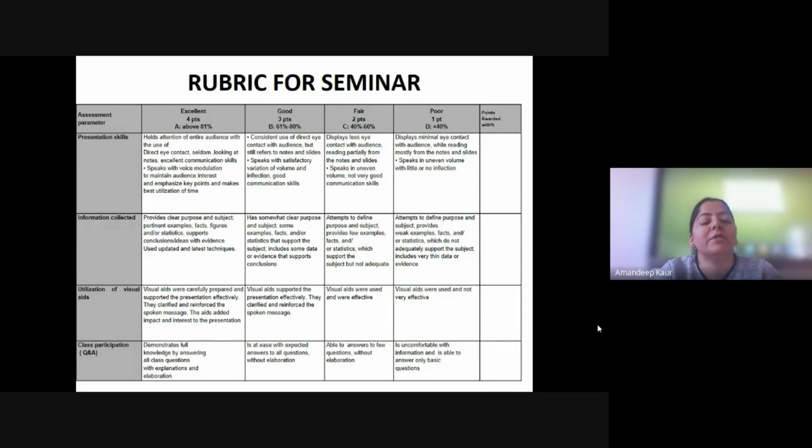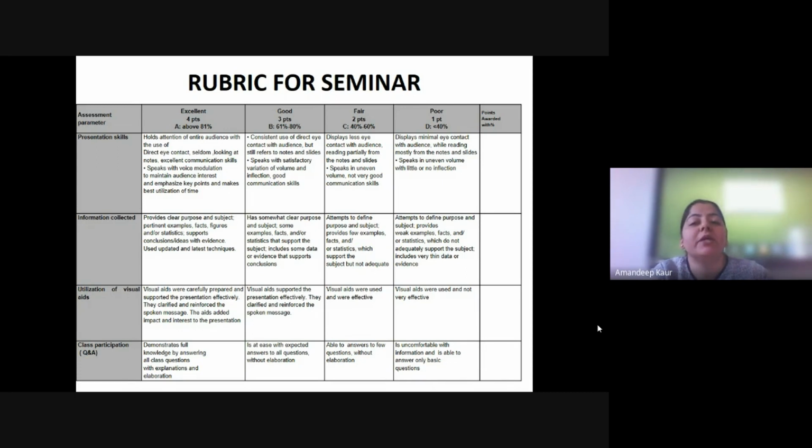In the description, now see, when I'm saying presentation skill, an excellent student will hold the attention of the entire audience with the use of direct eye contact, seldom looking at notes, and excellence in terms of communication skill, speaks with voice modulation to maintain audience interest, and emphasizes key points by making best utilization of the time.